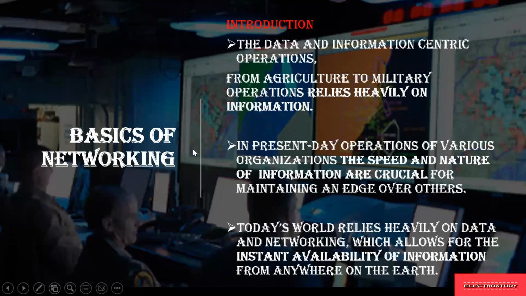So what is networking under IoT? I'll give you a small introduction about this. The data and information collected together, for applications from agriculture to all the military applications and operations, all depend only on information. Only when there is information can you cultivate.